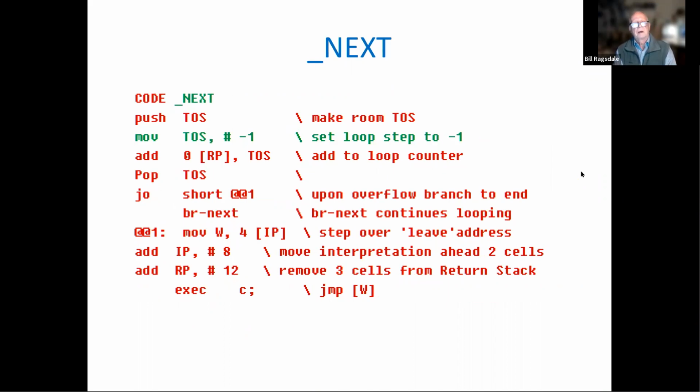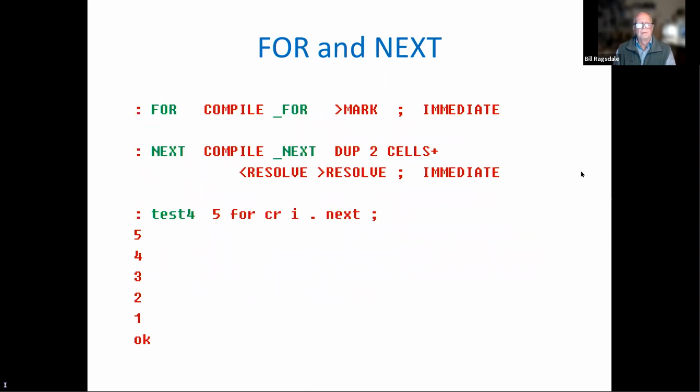To create my word for underline next, in this case, it pushes the stack to make room for this new value, and then moves onto the top of the stack the immediate value of -1. Bingo, that sets up the loop increment. To compile this, again, I modified the prototypes for for and plus loop.